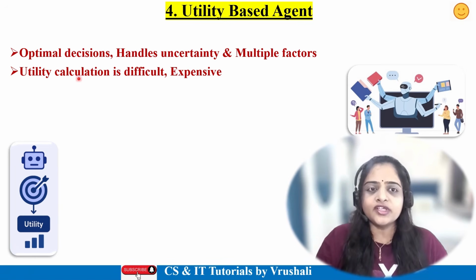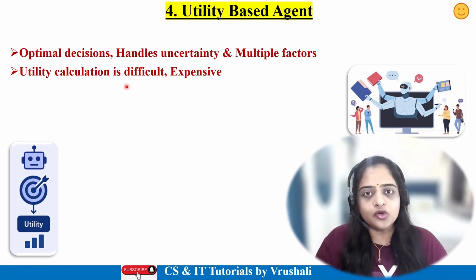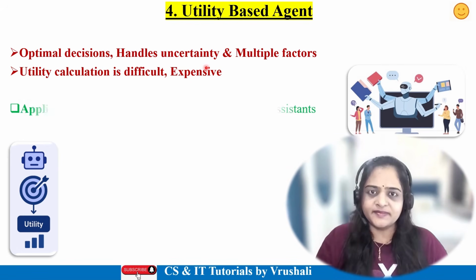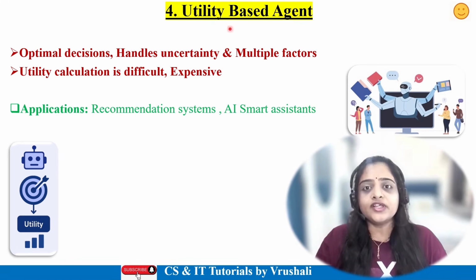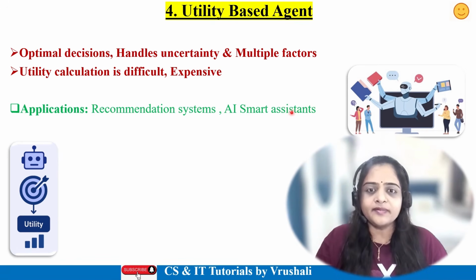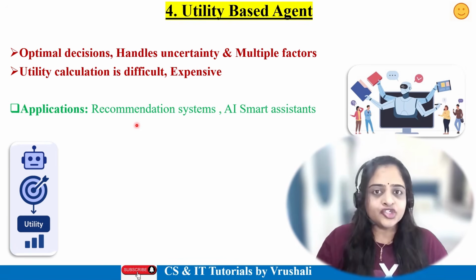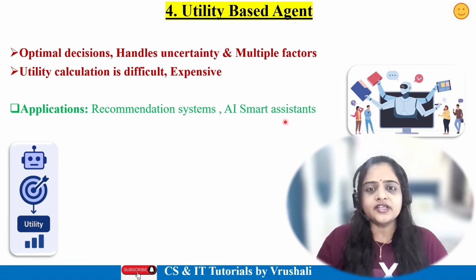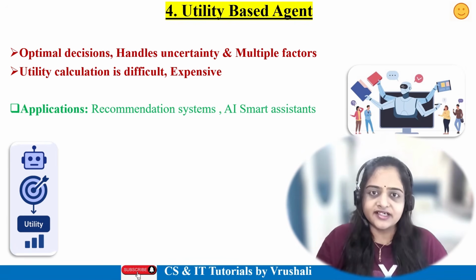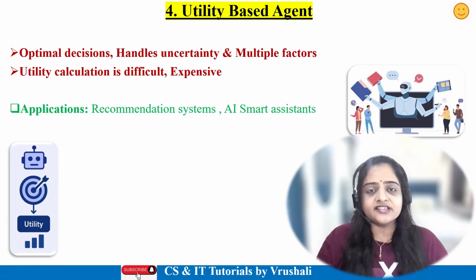Basically, this utility calculation is sometimes difficult when there is a vast amount of data, and it is expensive. But this utility based agent is used in multiple applications like recommendation systems, like Flipkart product recommendation, then Netflix recommendation of movies, and also in multiple AI smart assistants. So the utility based agent achieves the goal plus provides higher utility.